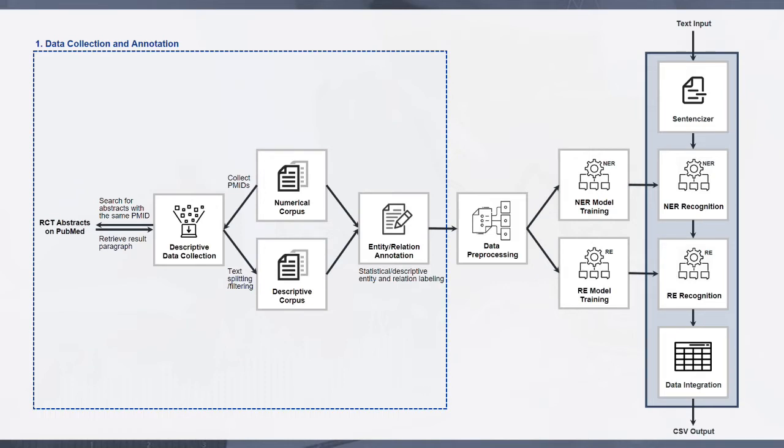The first one is the gold standard corpus provided by a previous study, which contains result sentences with mainly numeric data. They are already partially labeled. The second, to create a descriptive corpus, we also collected sentences containing textual descriptions of the results from PubMed.